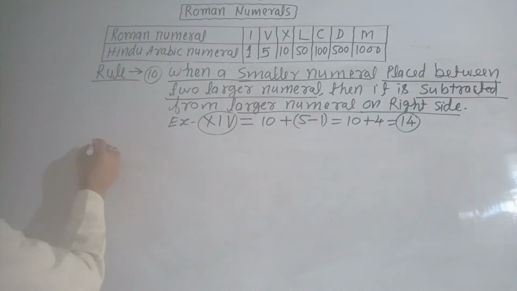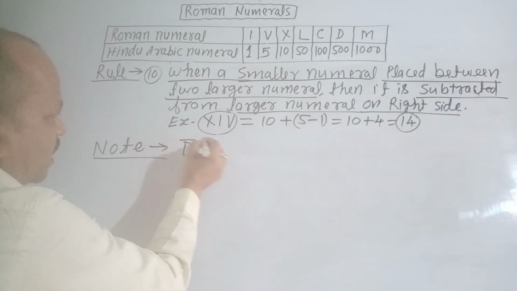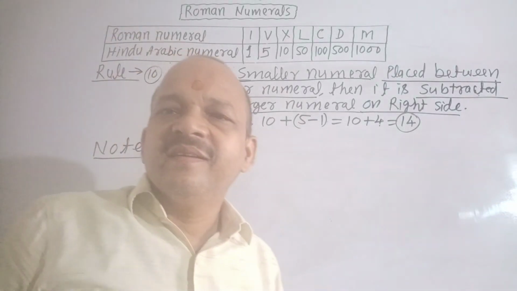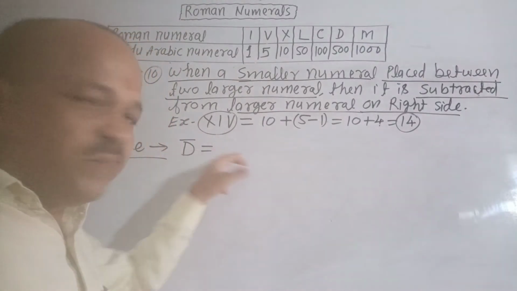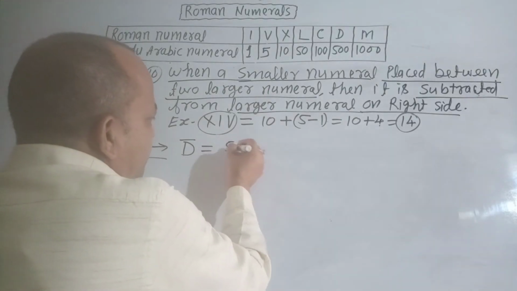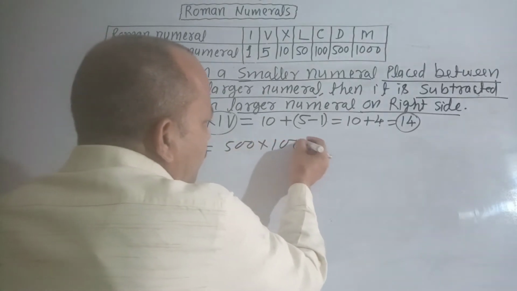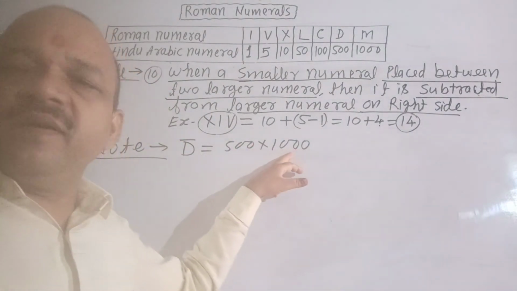Note. D bar, it is very important, means 500 multiply 1000. Bar means the multiplication of 1000.